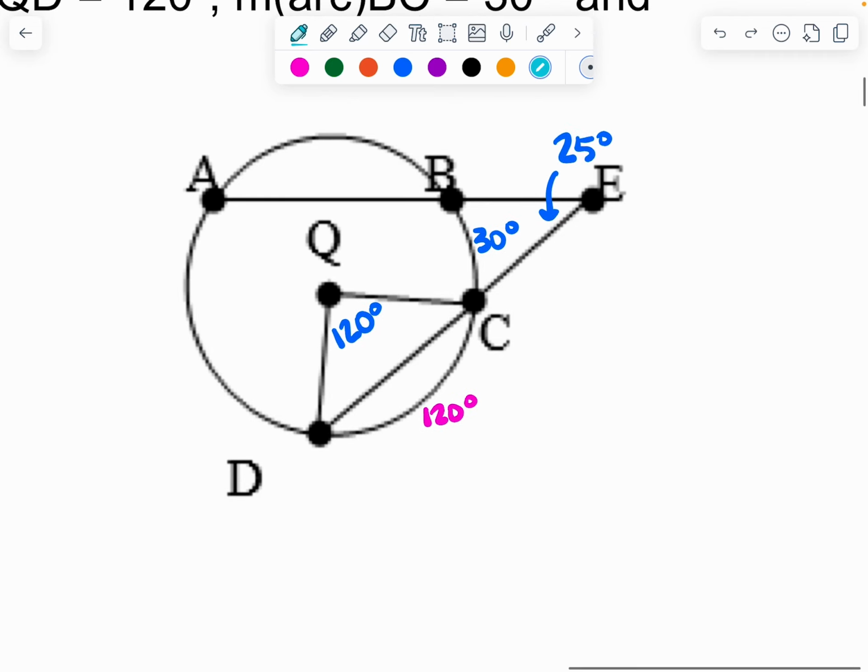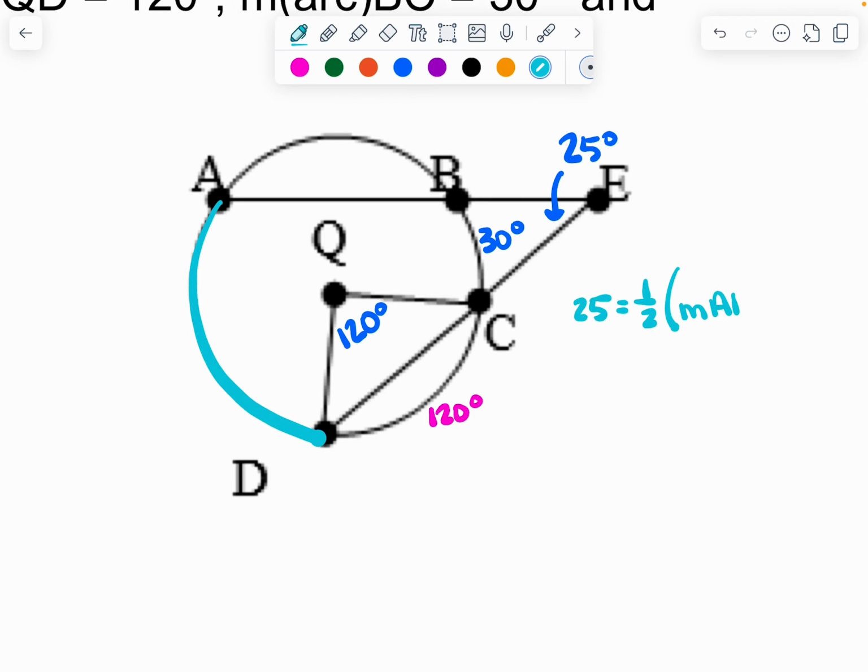All right, so we're using the formula on our formula chart that tells us that this outside angle, 25, goodness, is half the difference of this arc AD. So I'm just going to go ahead and put that AD minus his closest arc, which is 30. Again, that's a formula on your formula chart. Outside angles are half the difference of their intercepted arcs.